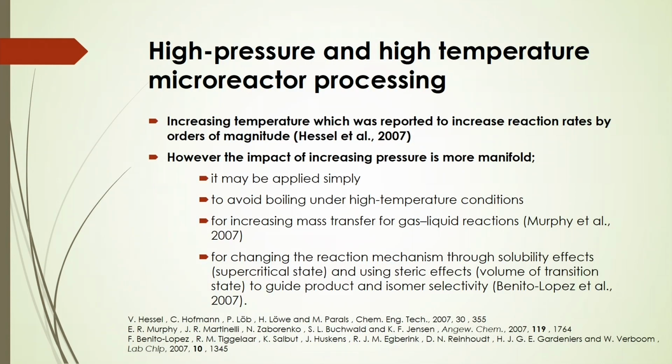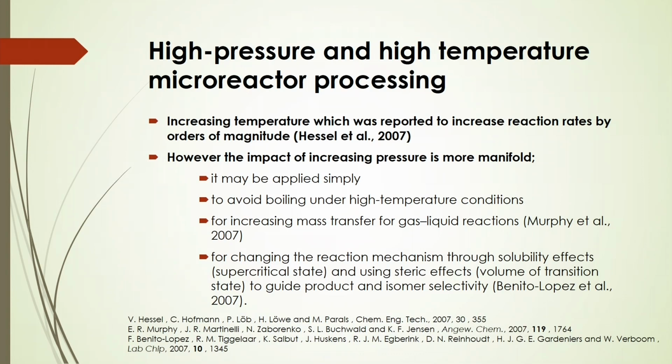Now, consider the high pressure and high temperature microreactor processing that we discussed in our previous lecture. Among the aspects of implementing process intensification by microreactor processing, pressure and temperature are two important factors.